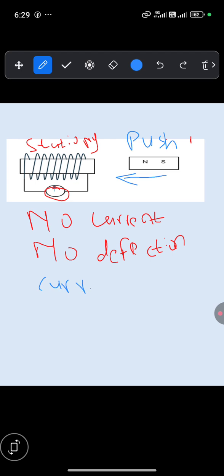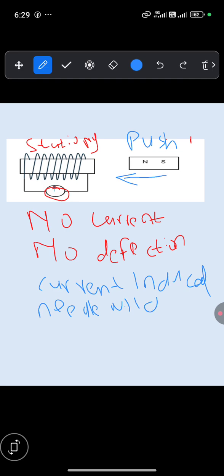Current and EMF will be induced. And when the current is induced, there will be deflection of the needle in the galvanometer. The needle will deflect.